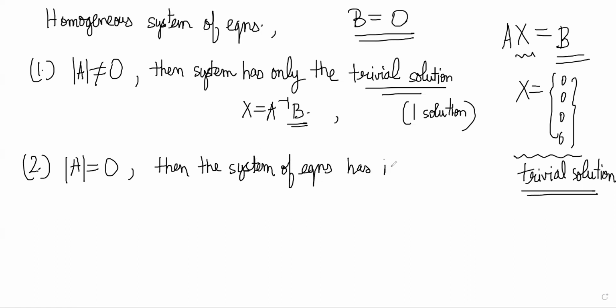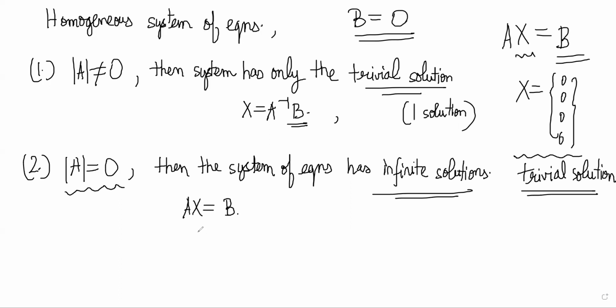It is becoming like an identity in this case. If det of A is zero, both sides become identically zero, because you can say Ax is B, and det of A is zero, then x can be anything, right?